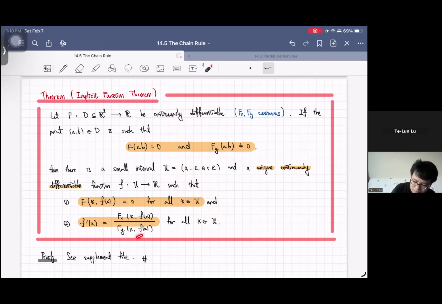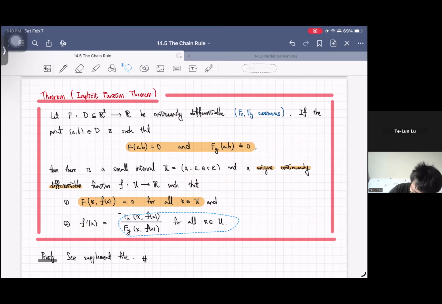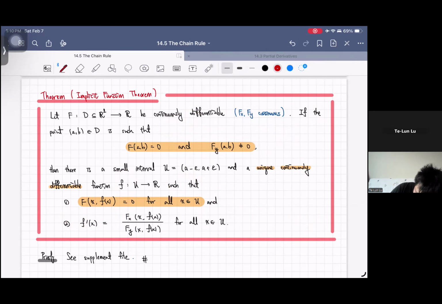And also, this is the important part: the little f here is actually differentiable, and the derivative is given by the partial derivative fx divided by fy. And again, sorry, there is a minus sign here. That is very important. Let me put it here. I don't know why I didn't write that.